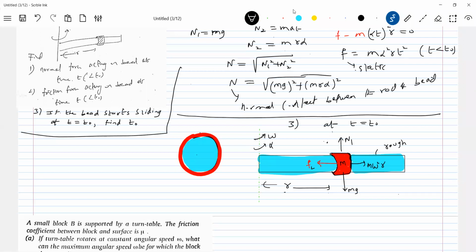And now as usual, N1, the weight mg, the normal contact N2, tangential acceleration, it will have tangential velocity.